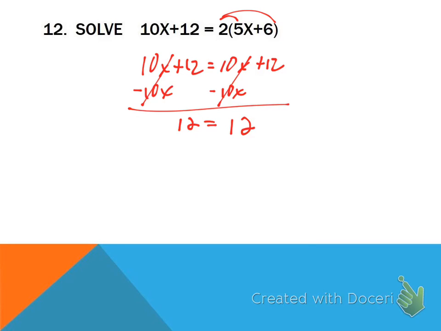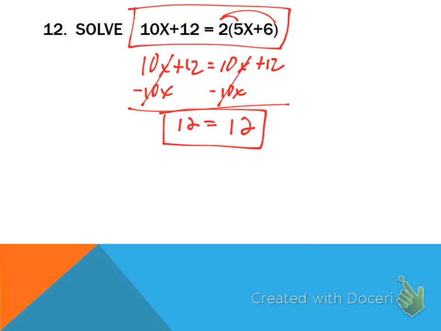So what does that mean, though? Right? We have 12 equals 12. Well, question is, does 12 equal 12? And the answer is yes, of course it does. Right? 12 always equals 12. And since there's no x in this equivalent equation, that's still an equation that's true. 12 equals 12. Then, since there's no x in there, it means we can put anything in we want to for x up in this top guy, and it would still make that sentence true.